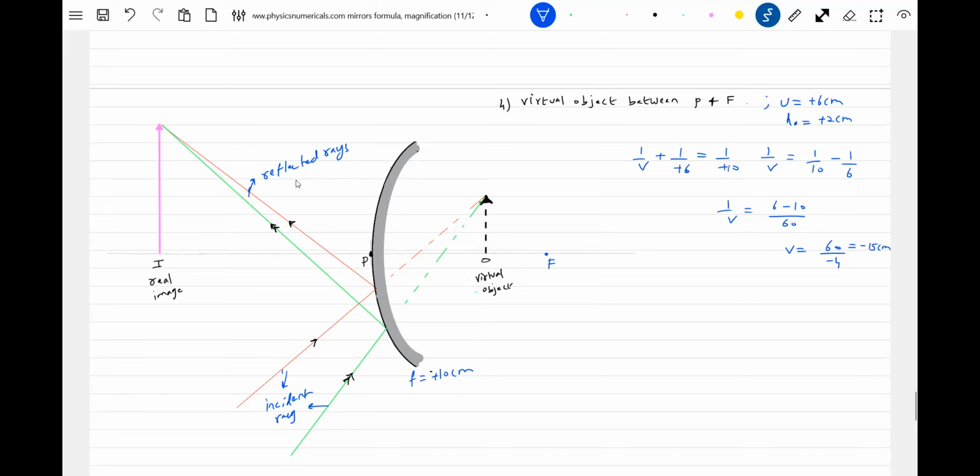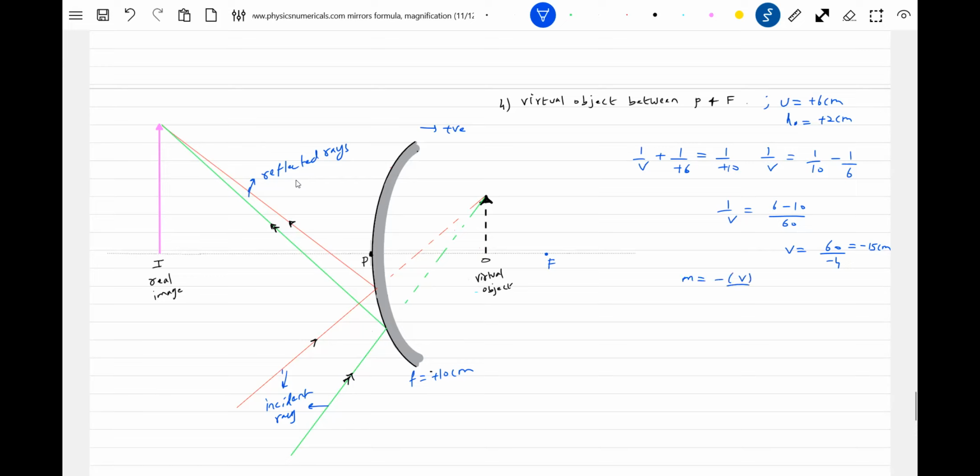What do you mean by minus 15? It should be on the left side of the pole. Towards right is positive, no? That's the convention for the incident rays. So if I say minus 15, it means I should measure towards left, the position of image PI should be towards left. Why plus 6? Because PO is measured in the direction of the incident ray.